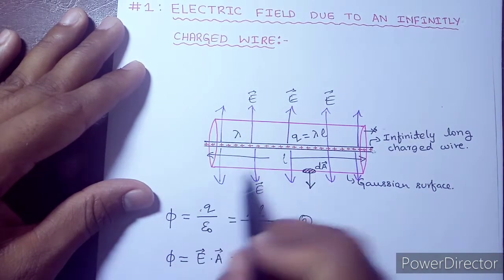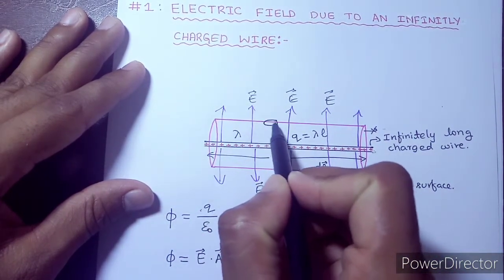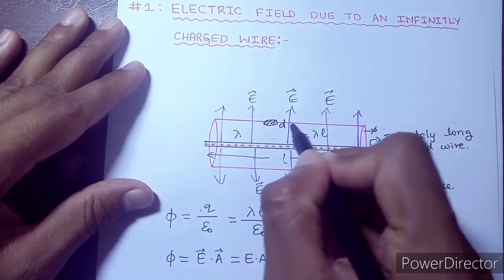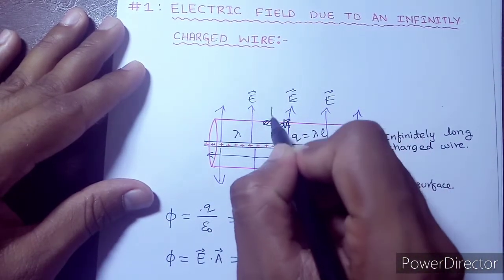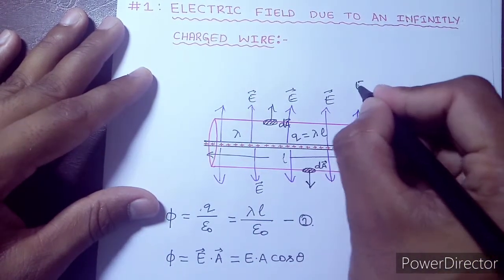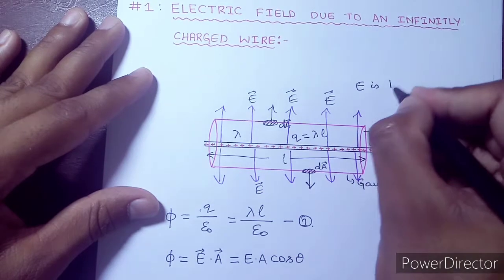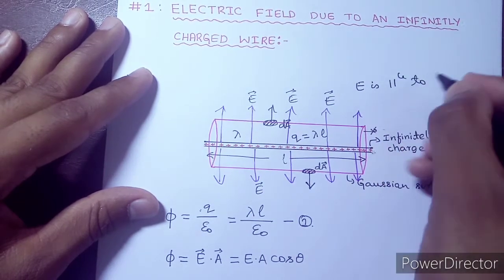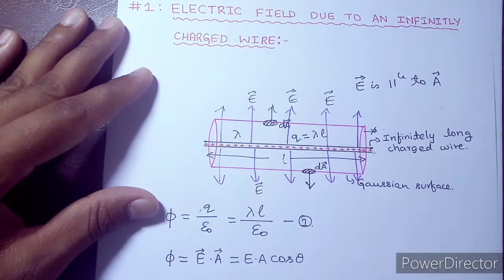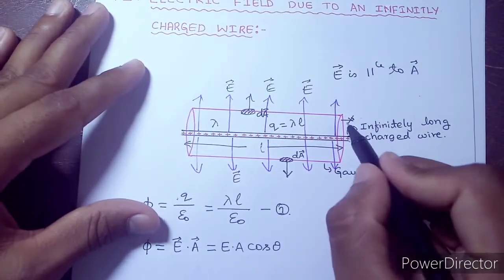So this is the curved surface. Here also, if I consider a small area of this Gaussian cylinder, here the area vector will be perpendicular to this. And here electric field is parallel to A. Electric field is parallel to A. And what about this?